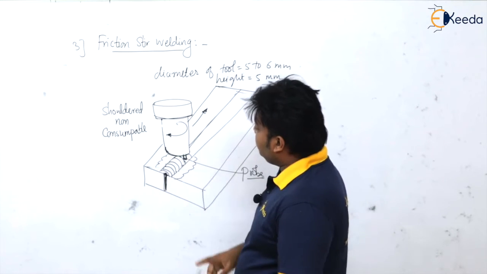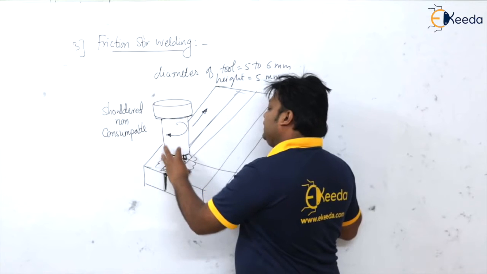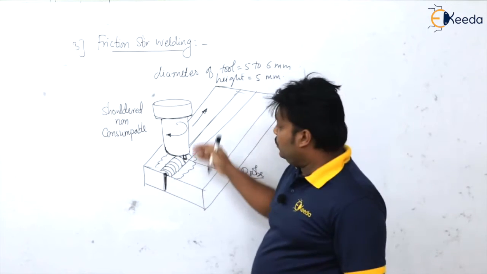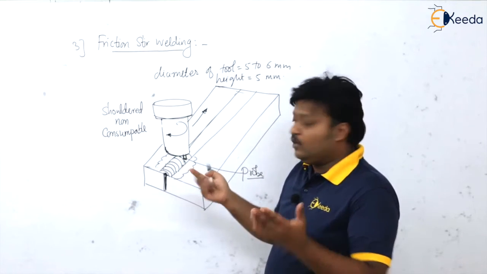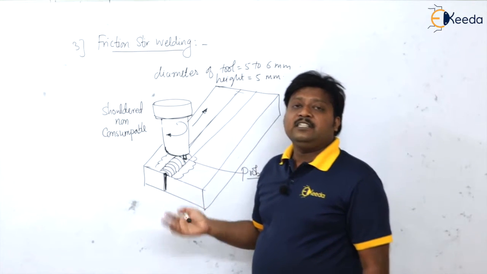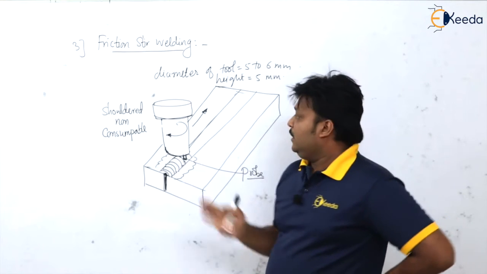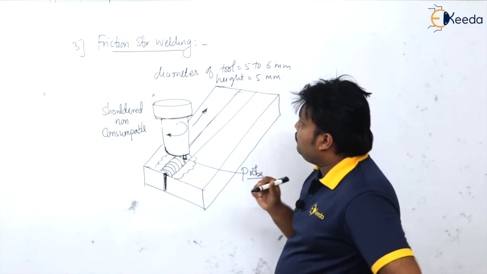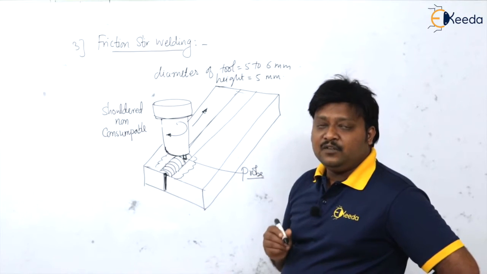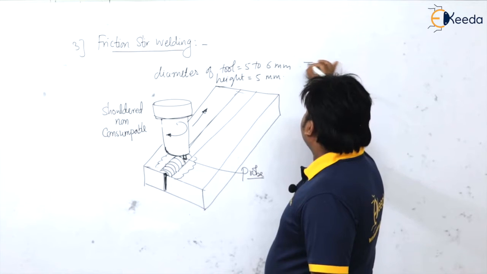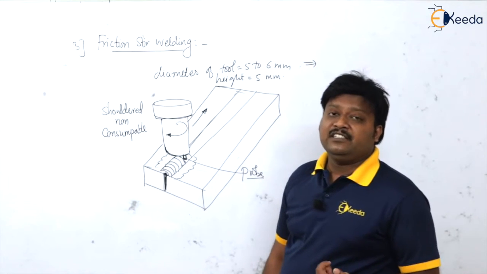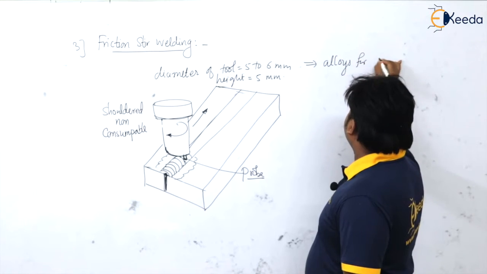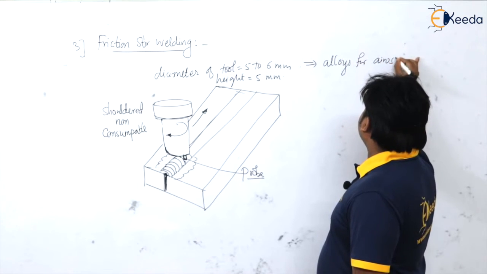As we go on increasing the pressure by this tool, the frictional heating goes on increasing, which leads to an increase in temperature. This friction stir welding is basically intended for alloys used in the aerospace industries.